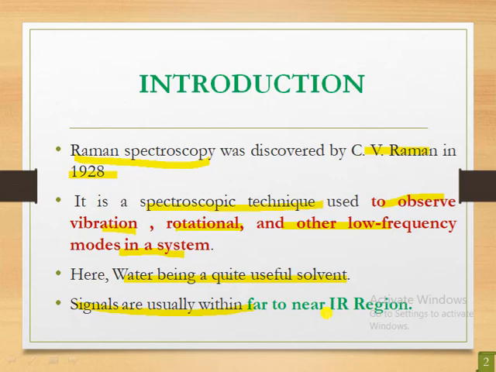Normal modes of vibration can be measured in the middle IR region for organic molecules, so there is no difference in the frequency. So this is the basic introduction about Raman spectroscopy.